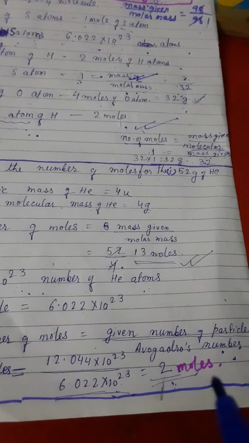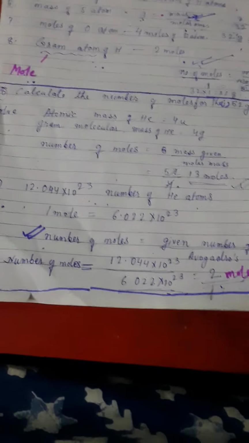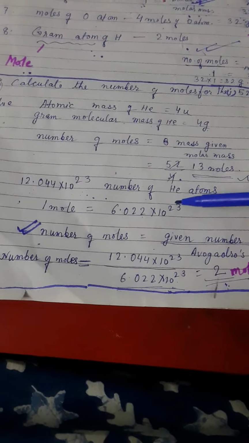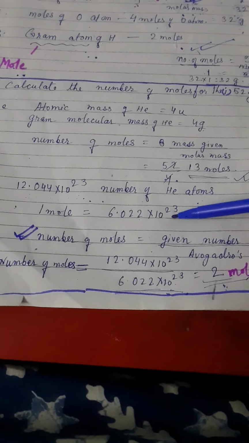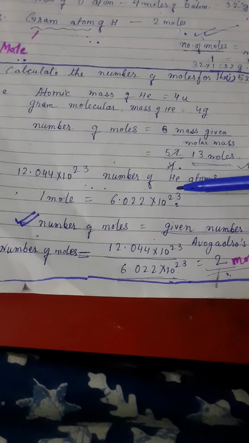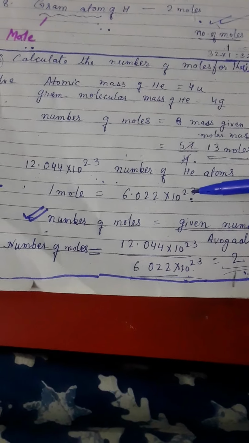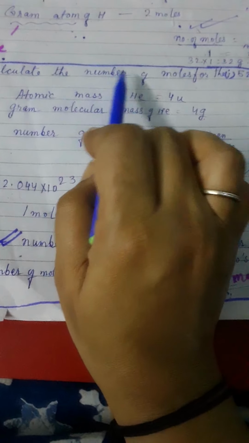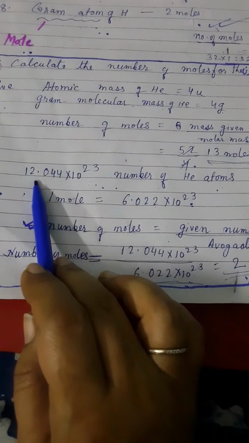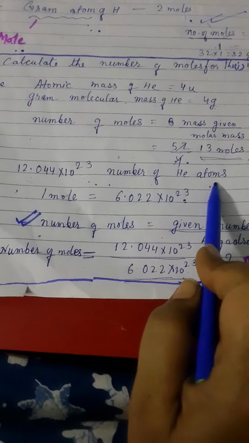Okay. Now how will you find out the number of particles, as well as the number of moles present in a certain number of particles? Here the question is to calculate the number of moles in this number of helium atoms.